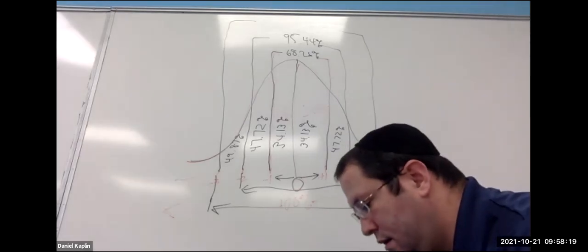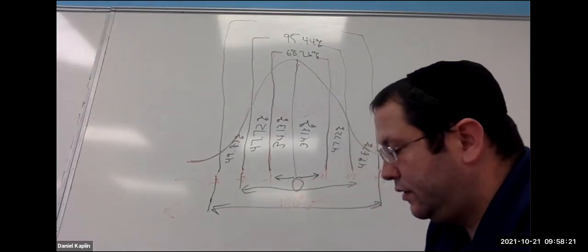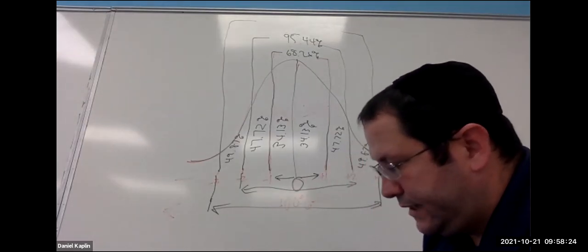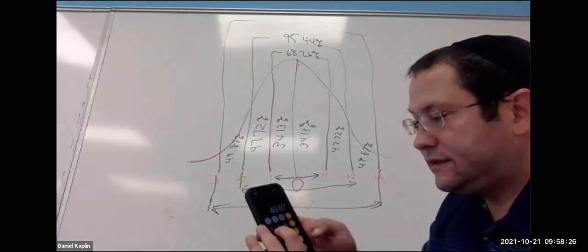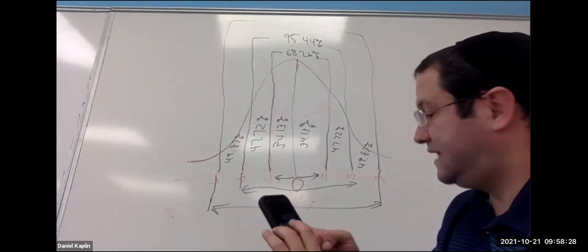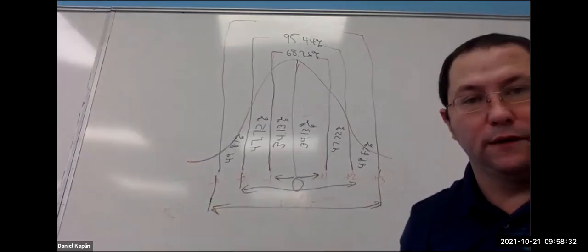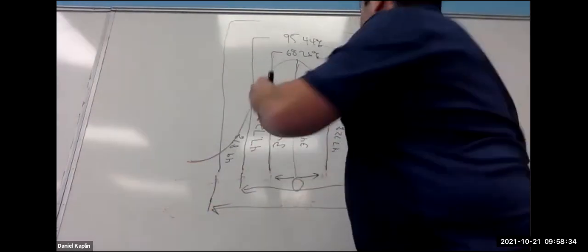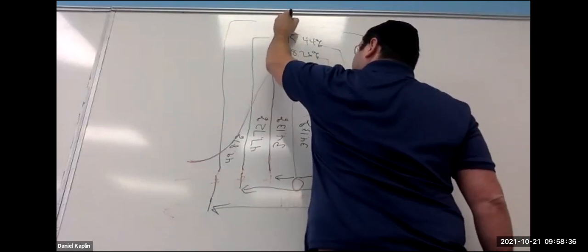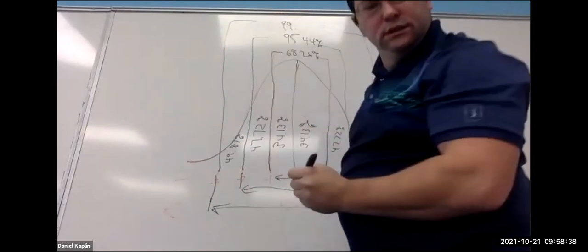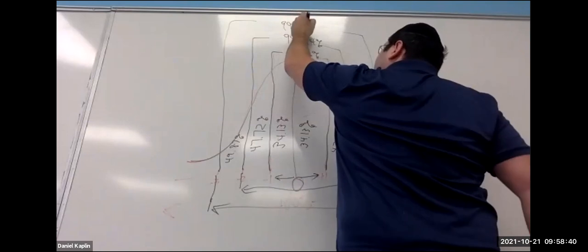And here we are. So we do 49.87 plus 49.87, hit equal, and we get 99.74%.